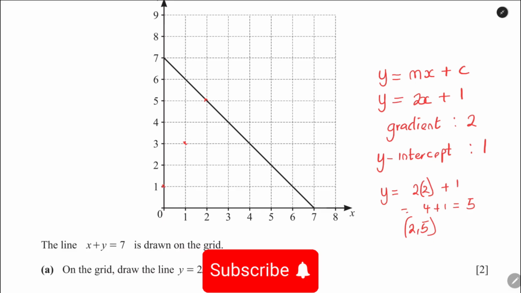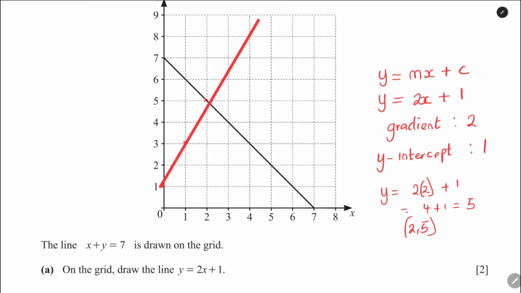Now we're going to draw a line through our points. My line isn't perfect, so I'm going to do it again. Yeah, that looks more like it. Now we have drawn the required line.